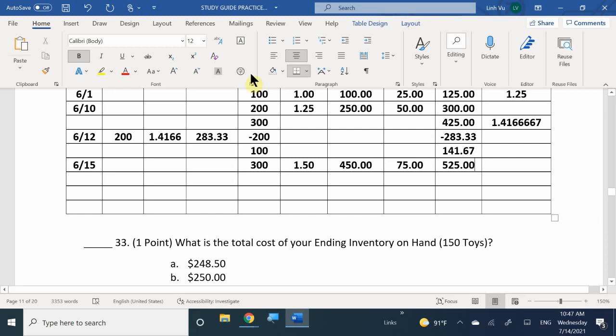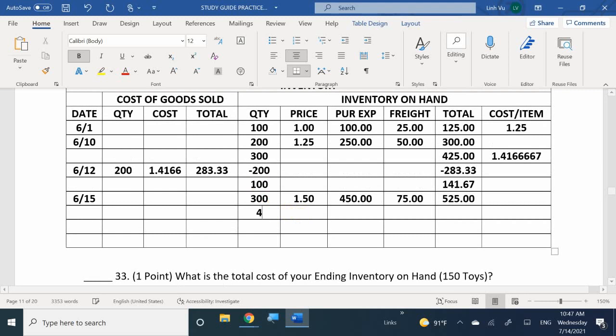Okay, so let's go ahead and add those totals up together. So we have a total of 400 items at a total cost of now 66667. I think so, 666, yeah. So then what is now my average cost per item?